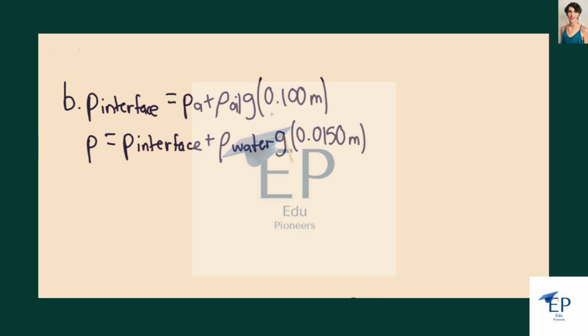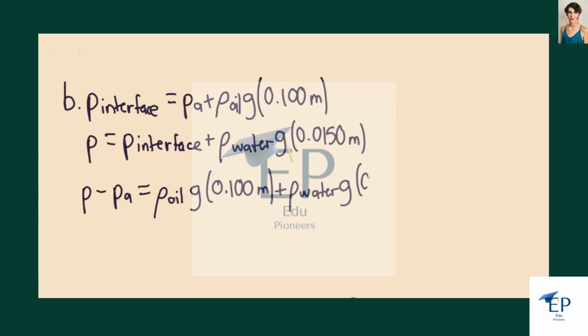My apologies. We're going to combine these two equations, and we find that the pressure below the interface minus the pressure of the air would be equal to the density of the oil multiplied by g multiplied by 0.100 meters, plus the density of the water times g multiplied by 0.0150 meters.